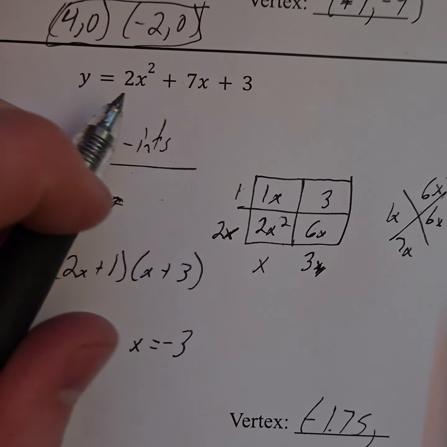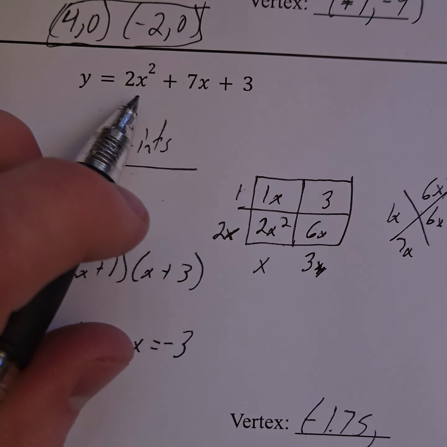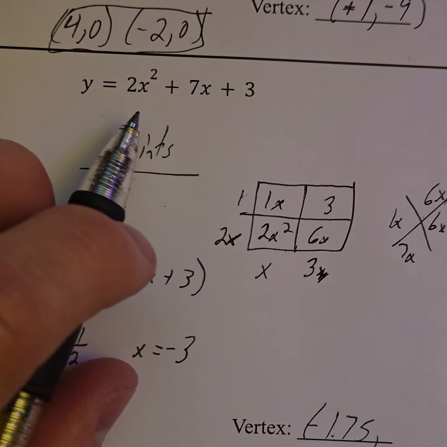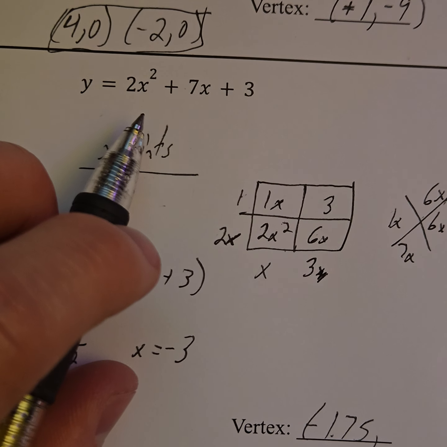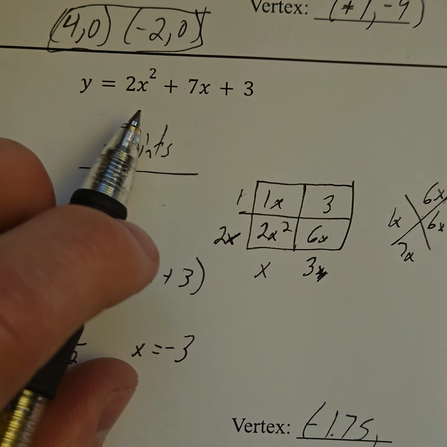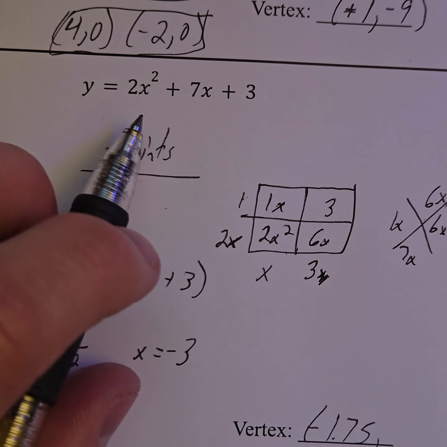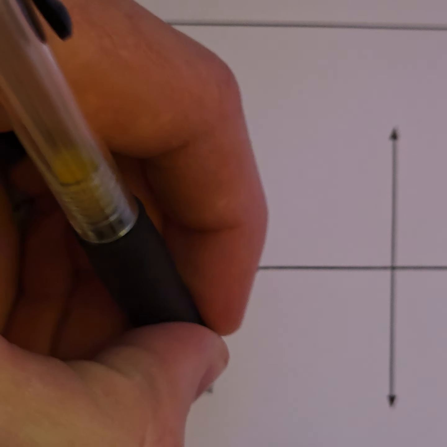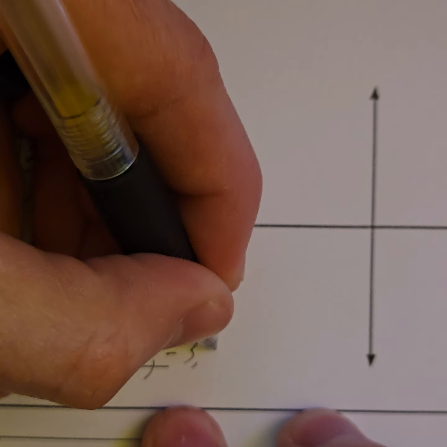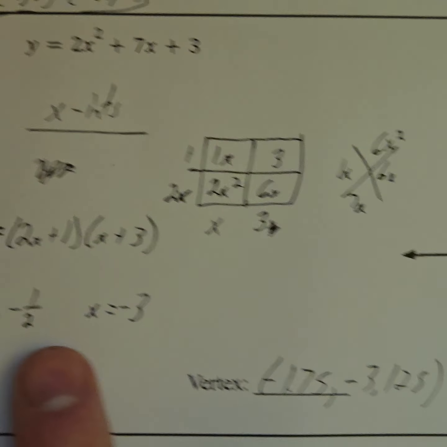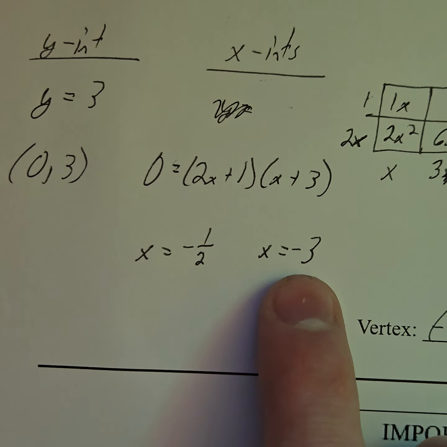And then you have to plug that back into here and see what that is, which is not going to be a nice number. And I believe, if I didn't make a mistake here, it's at negative 3.125. Okay, gross. Okay, main thing is that you guys know how to find the x and y intercepts on this one.